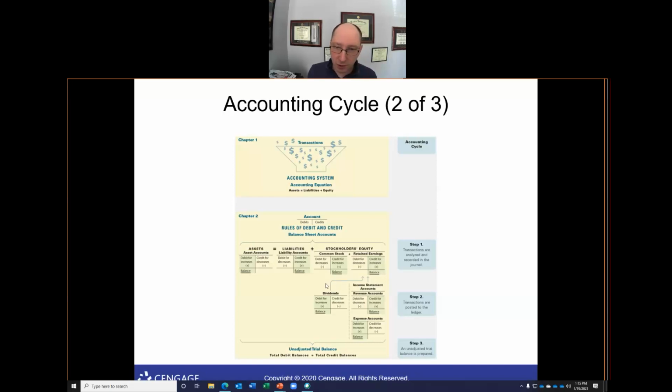We did that by analyzing our transactions and recording them into the general journal. In Chapter 2, we also learned how to post to the general ledger, and how to prepare an unadjusted trial balance, where our total debit balance equals our total credit balance.